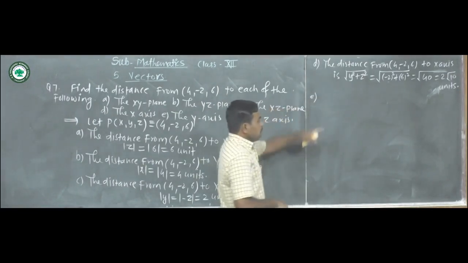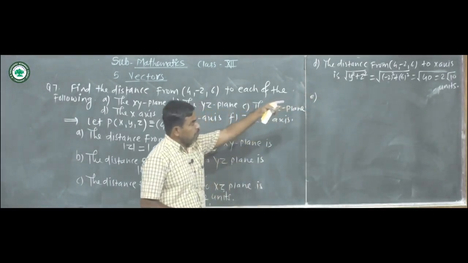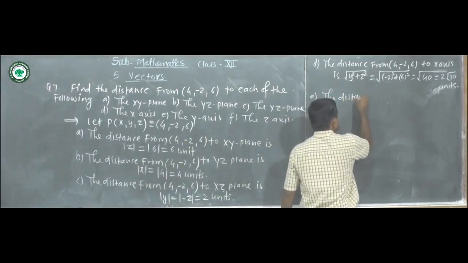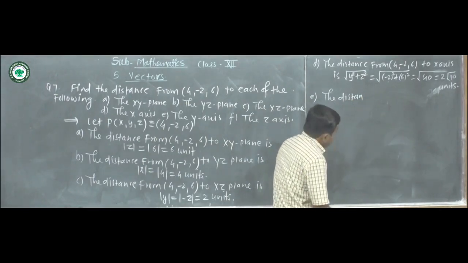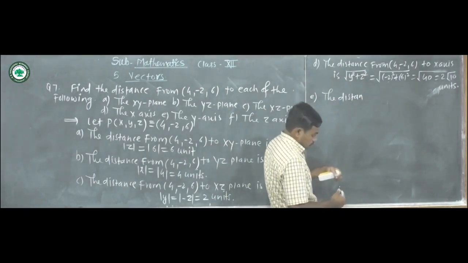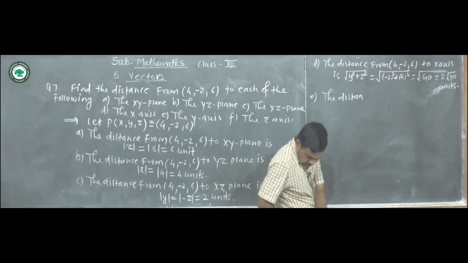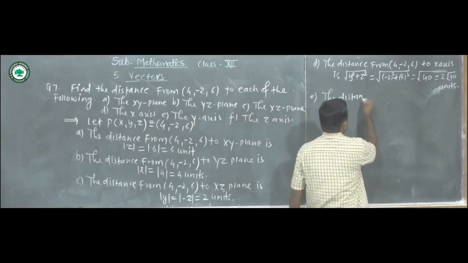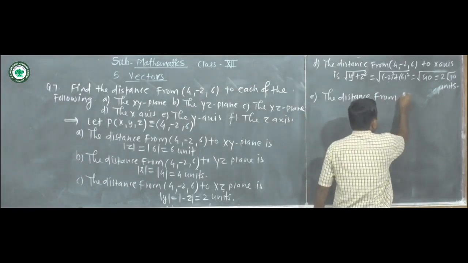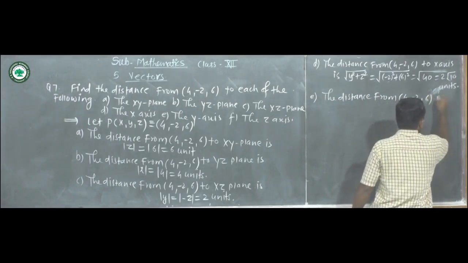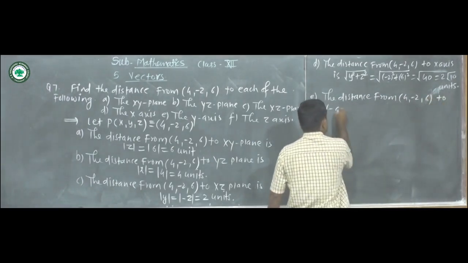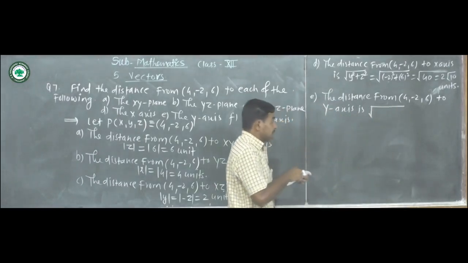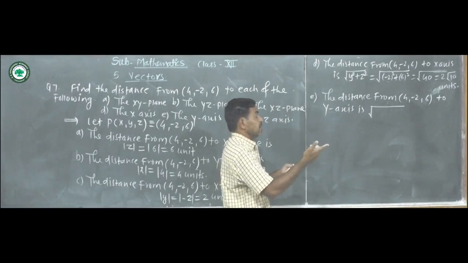E. Same here, we have to find out the distance of that point from the y-axis. The distance from (4, -2, 6) to the y-axis is the square root of... see, from the y-axis, so x and z remain.